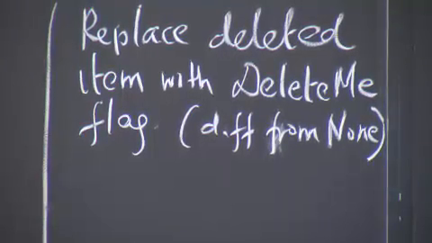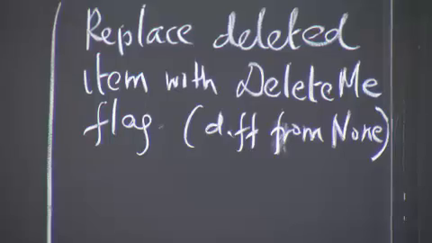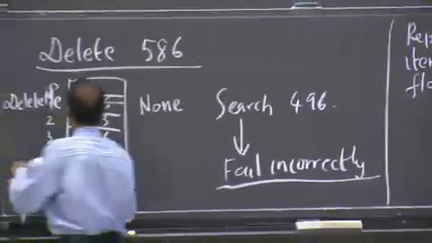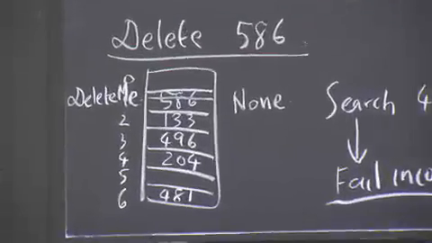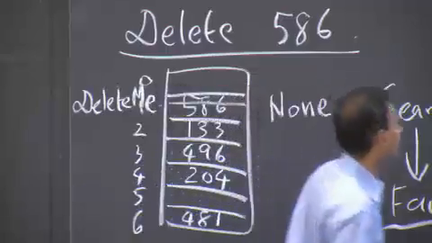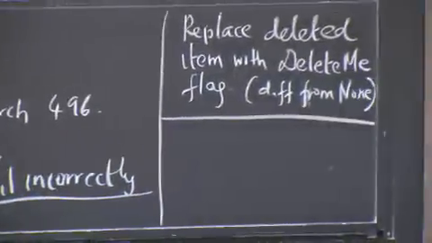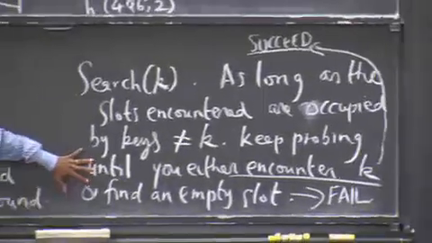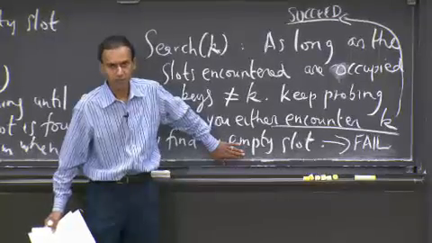And that's going to be important because now that you have a different flag and you replace 586 with delete me, you can now do different things in insert versus search, right? So in particular, you'd have to modify this slightly because the notion of an empty slot means that you're looking for none, right?